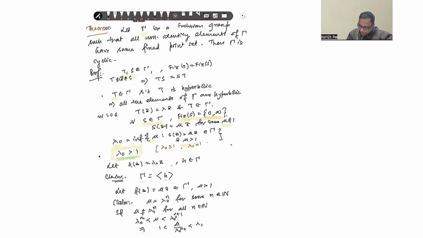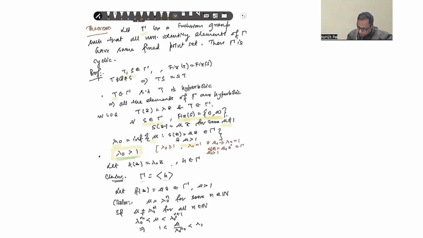Suppose there exists mu n which converges to lambda naught and Snz equals mu n z. This map belongs to gamma, and these mu n are greater than 1. Lambda naught we have assumed to be equal to 1.